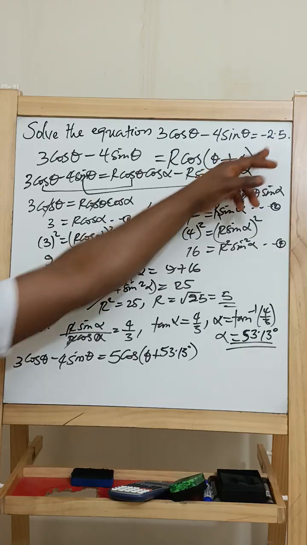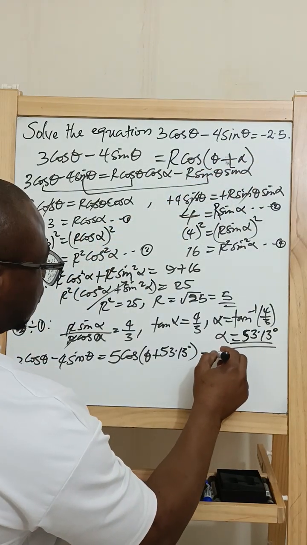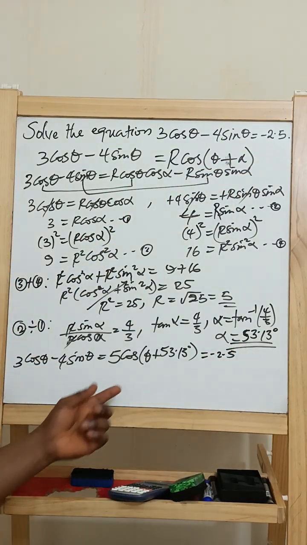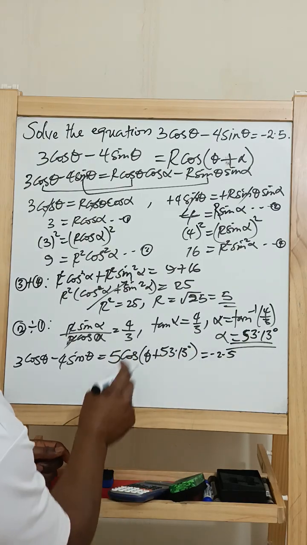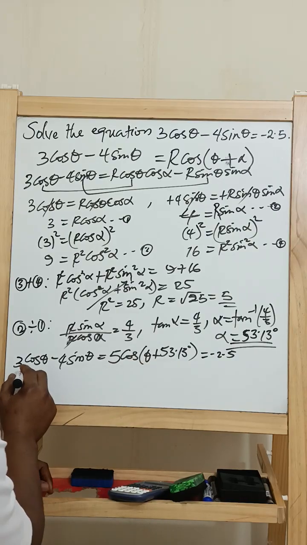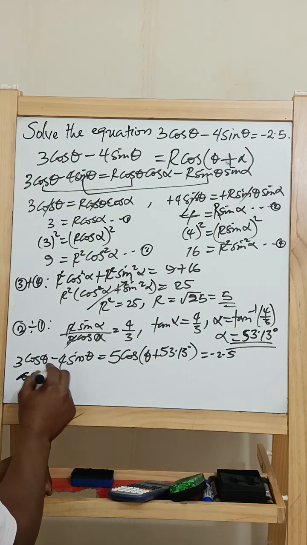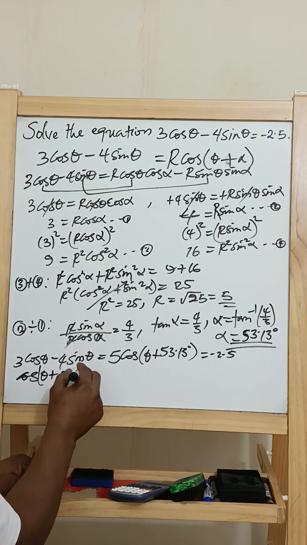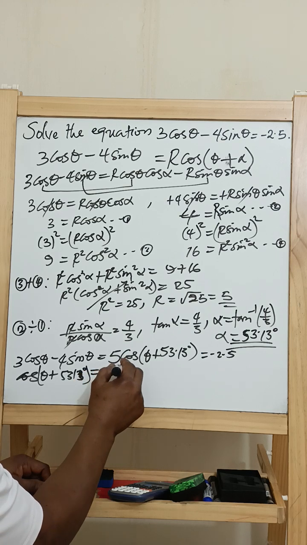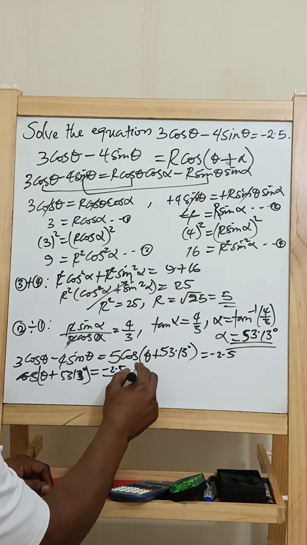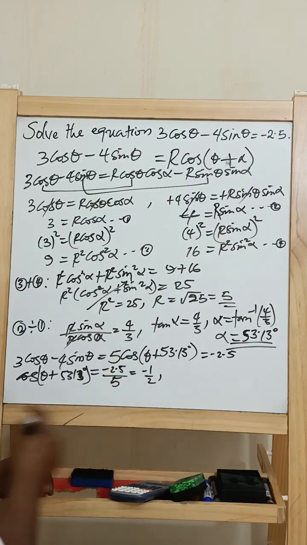Now this expression is equal to minus 2.5. So what is cos theta? You take this 5 to the other side, so cos(theta plus 53.13 degrees) equals minus 2.5 over 5, which is minus 1 over 2.